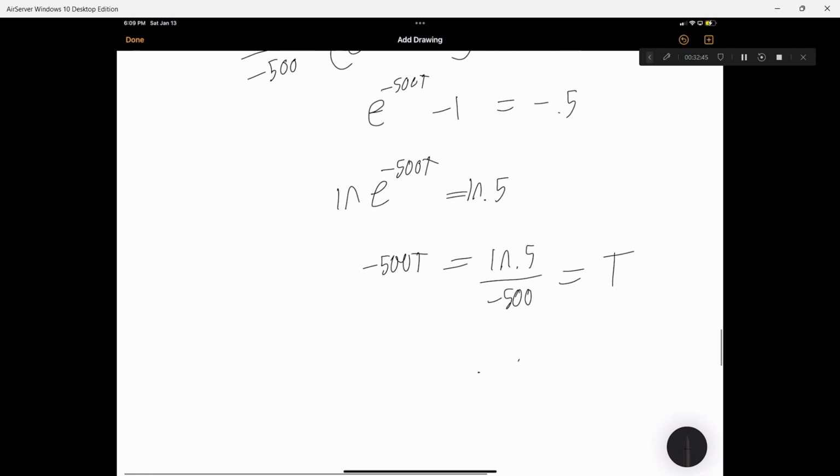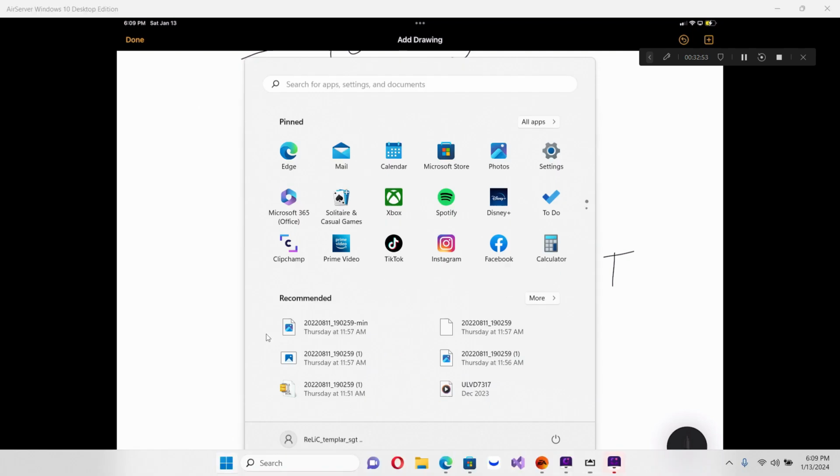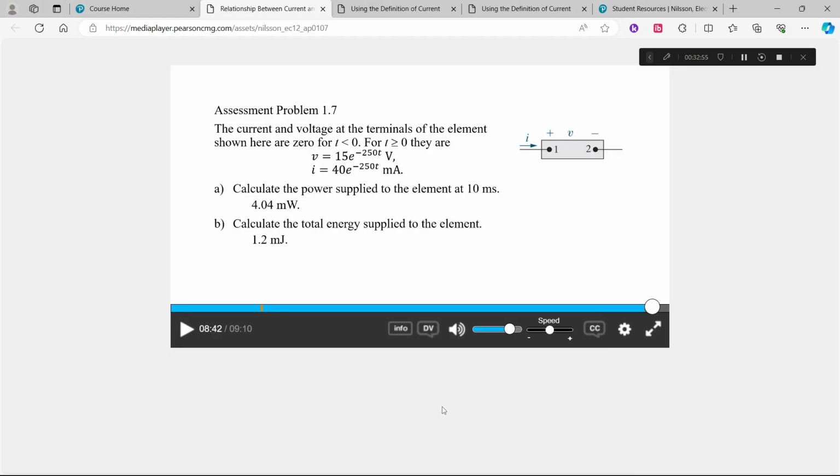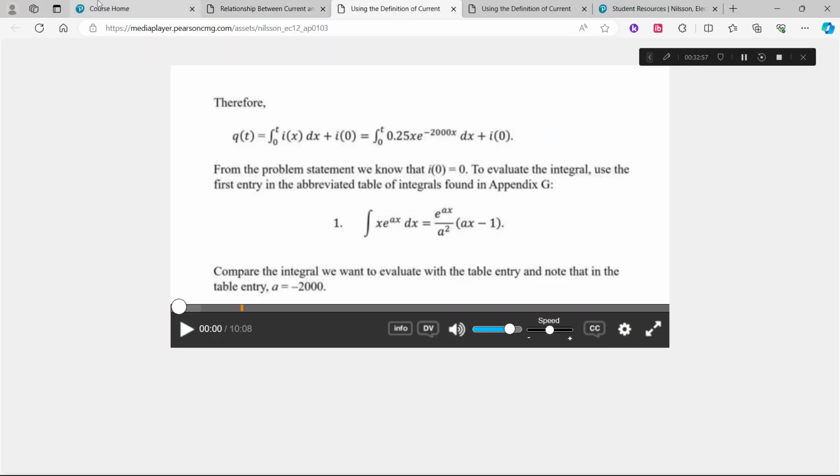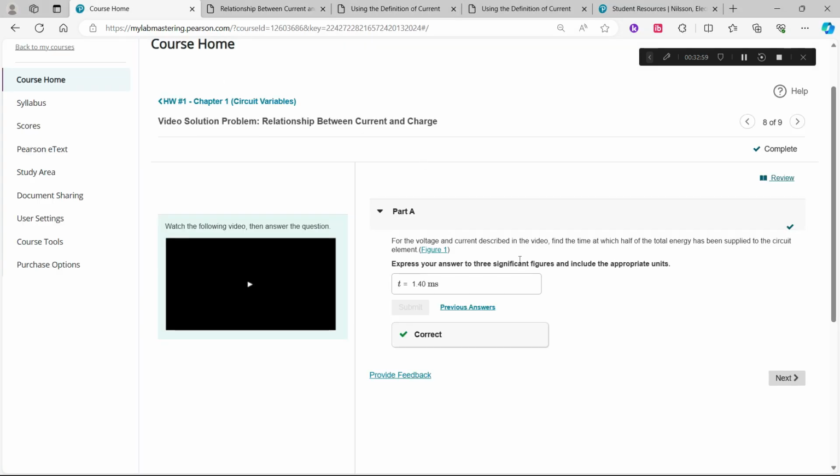Our number we get is 0.00138 6. And what is the question asked? Do we round? Round to what? 3 significant figures.